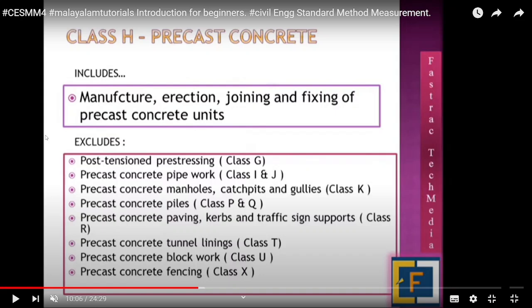So if it is not coming under those classes, then definitely it is coming under class H. So class H, you have to define based on what is excluded. Now you got the point. We have to understand each and every type of structure, even a catch pit or a gully.